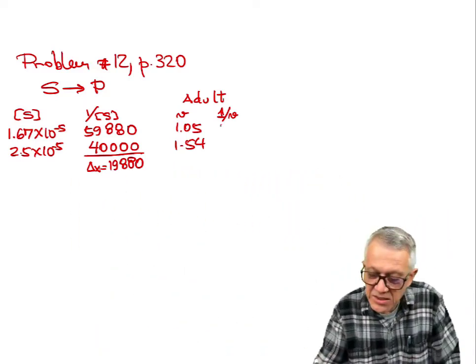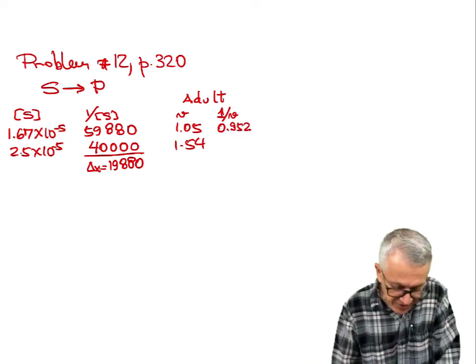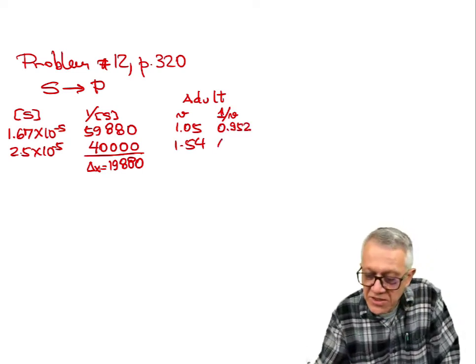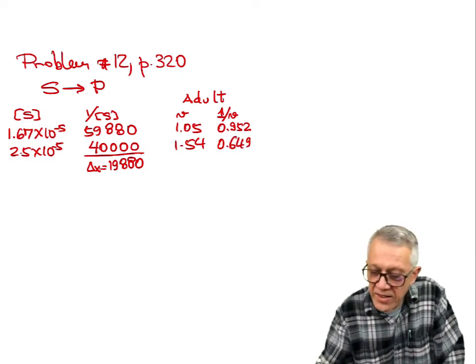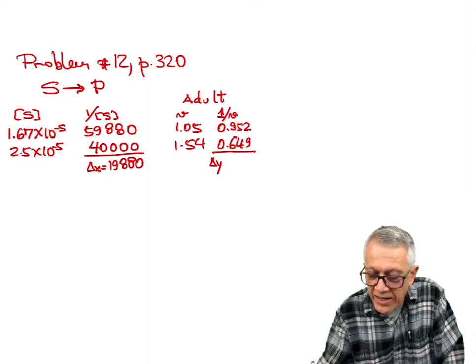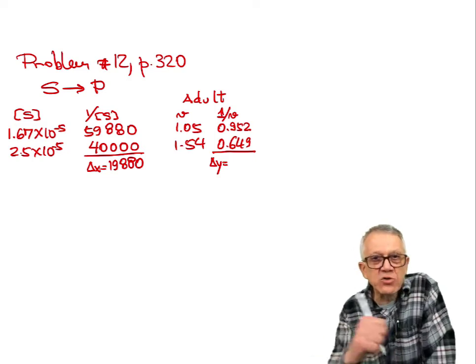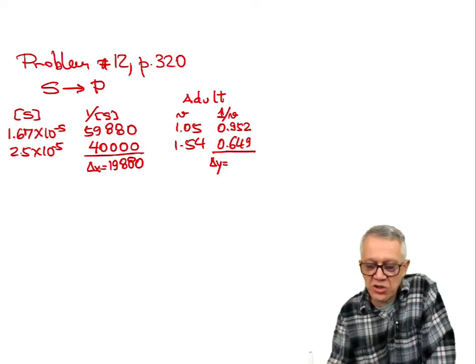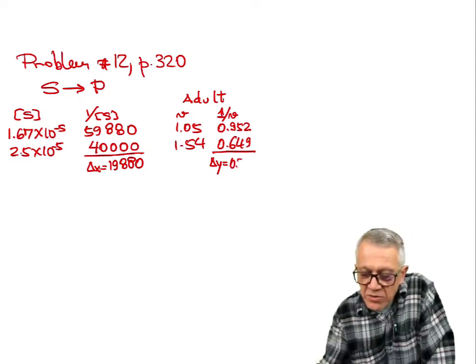This one is easy, 0.952, and for 1.55 it gives 0.649. So we already have another value that we are going to use, the delta y. Remember, I'm going to find the slope and solve the problem the same way that we solved the first problem of this series, okay? So this difference here is 0.303.